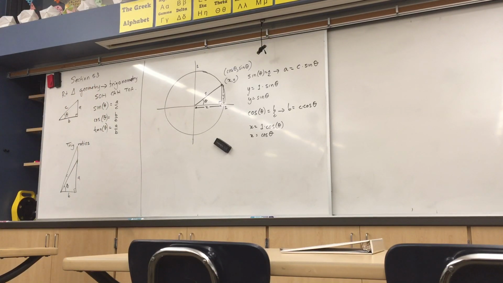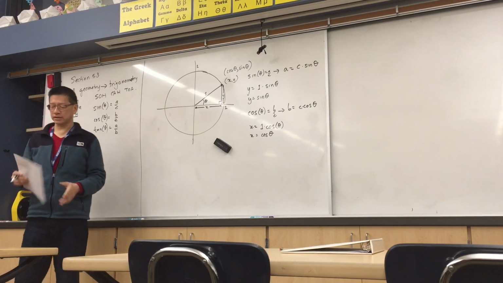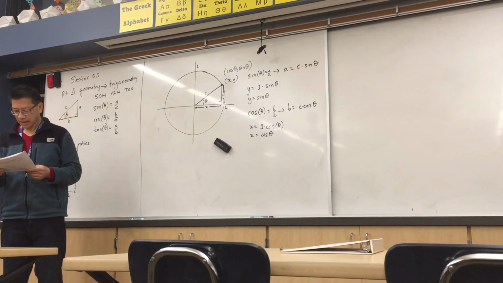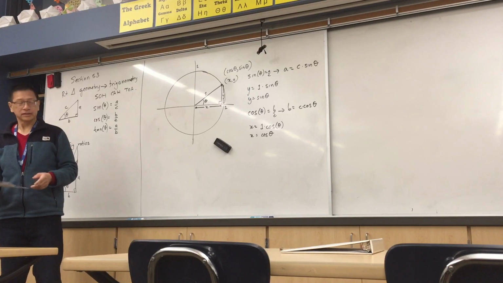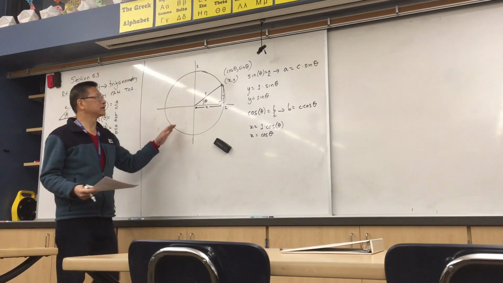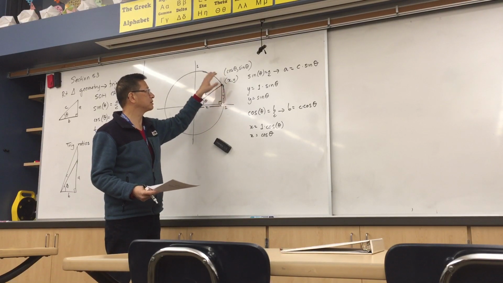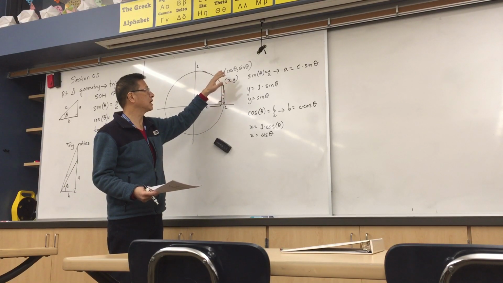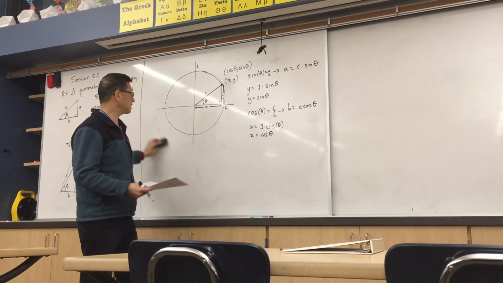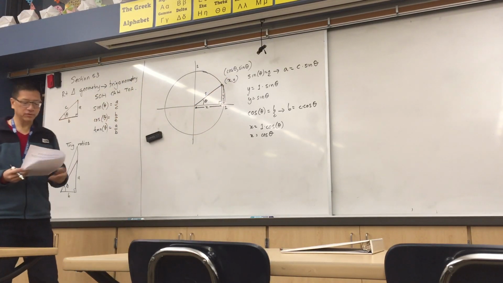It's like, ooh, that's kind of weird. That's a little unexpected. Okay, and so we can describe this point in terms of cosine theta and sine theta. So, well, what can we do with that?